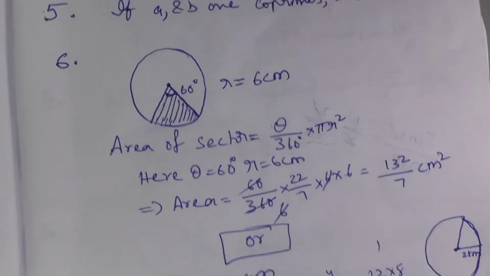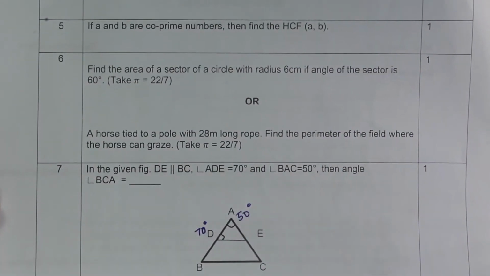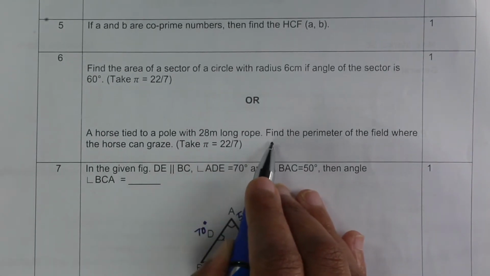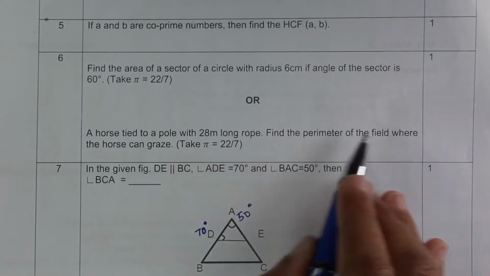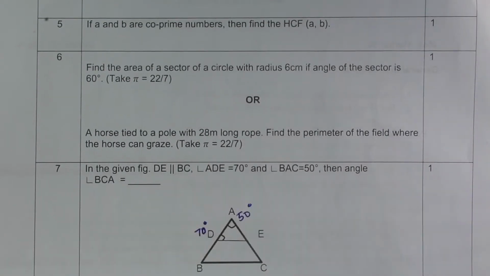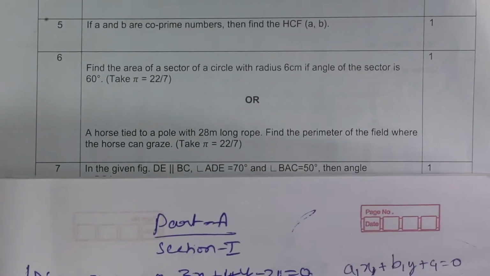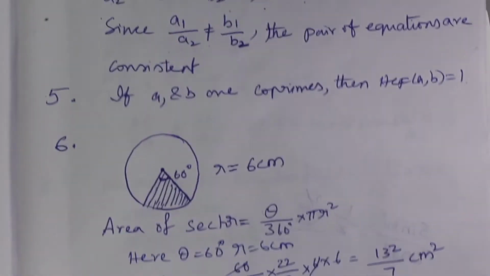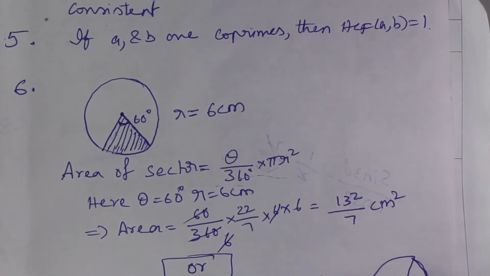What is the next problem? Here he has given a choice. A horse tied to a pole with 28 meters long rope. Find the perimeter of the field where the horse can graze. So a horse is tied to a pole with a 28-meter long rope, so it can graze within the 28-meter rope. It can make a circular grazing area, right? And he's asking for the perimeter of the grazing area.